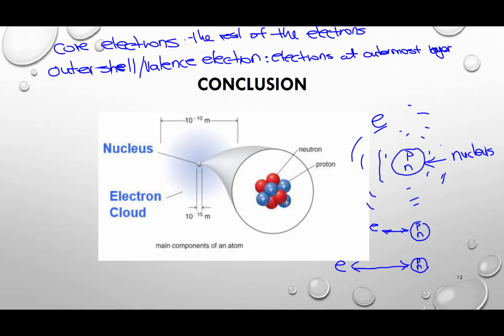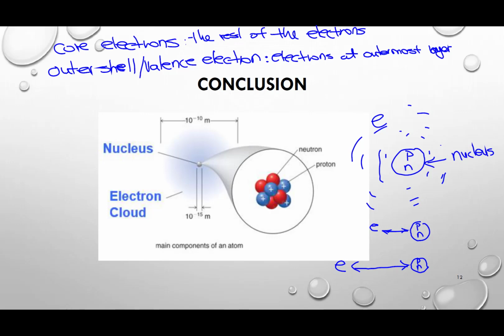Then when we are talking about the size of the atom, we only look at the valence electrons. You look at the position of valence electrons from the nucleus. We don't care about core electrons. Core electrons are stationary, you cannot touch them.